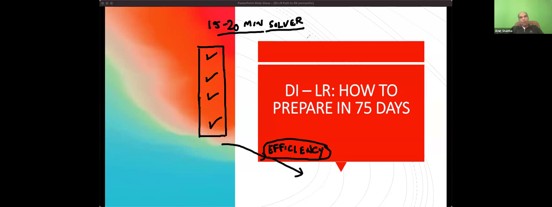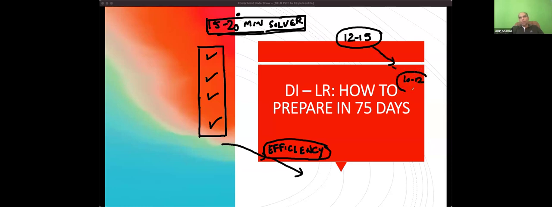And I want to move from being a 15 to 20 minute solver of a set to somebody who can do it in 12 to 15, and from there to somebody who can do it in 10 to 12. Because this is where the 100 percentiles reside.